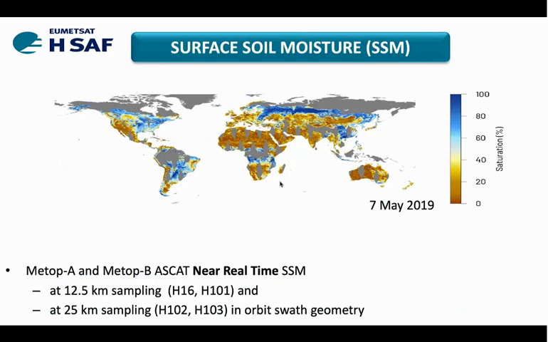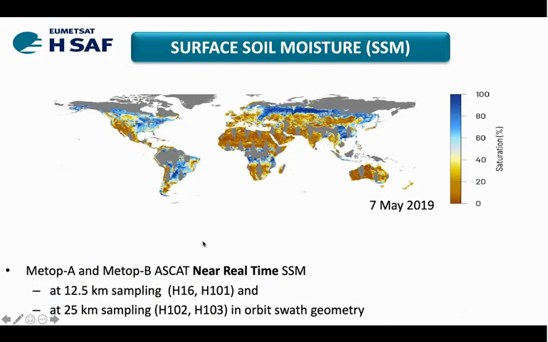So the second category of product is surface soil moisture, and these products are able to provide us an estimation of the first centimeters of land.